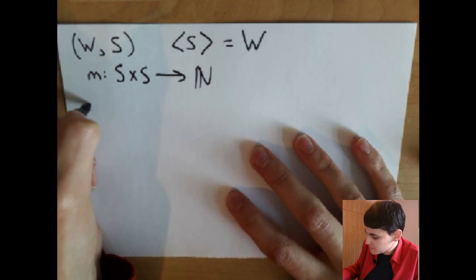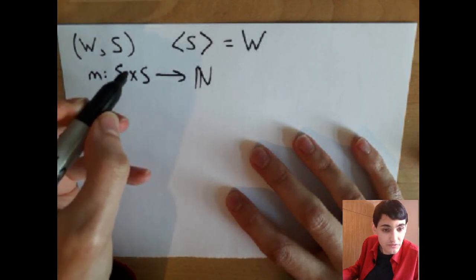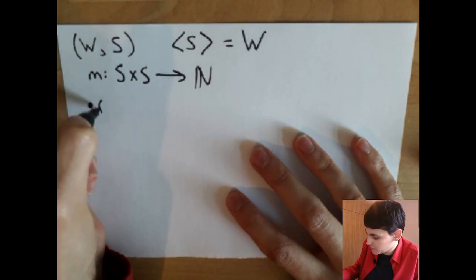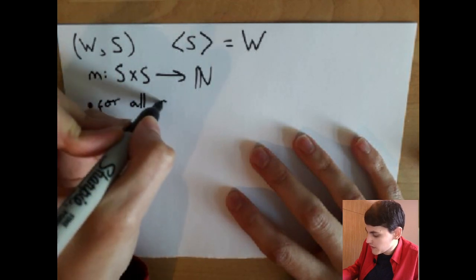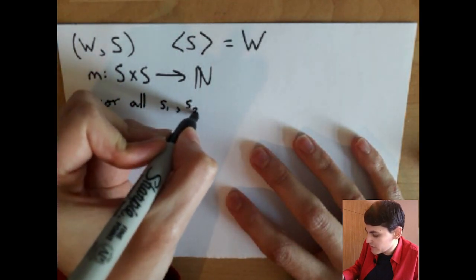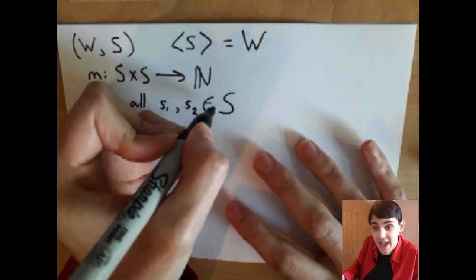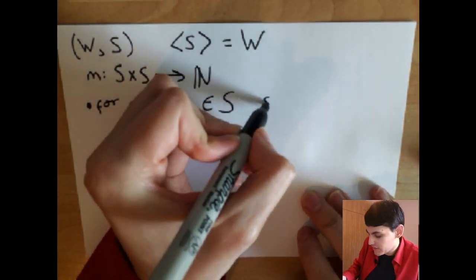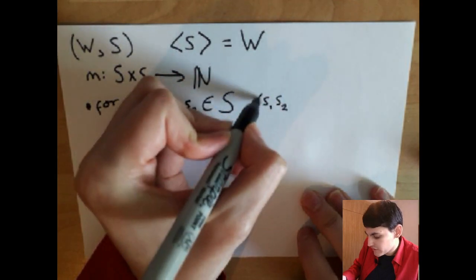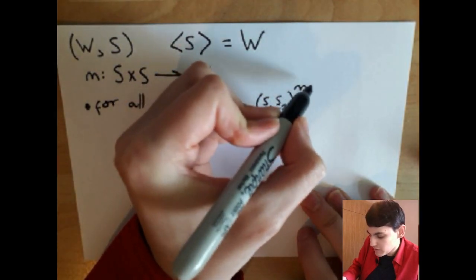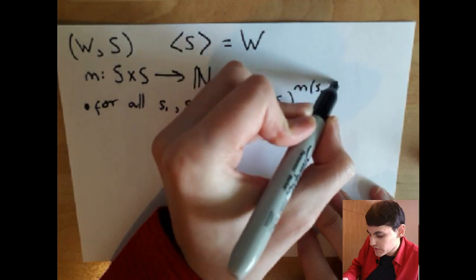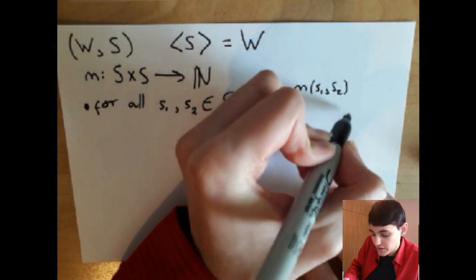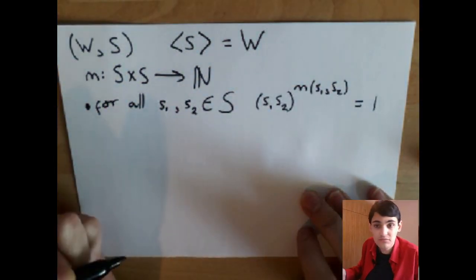First, for all S1 and S2 in S, (S1 S2) to the power of m(S1, S2) is equal to 1.